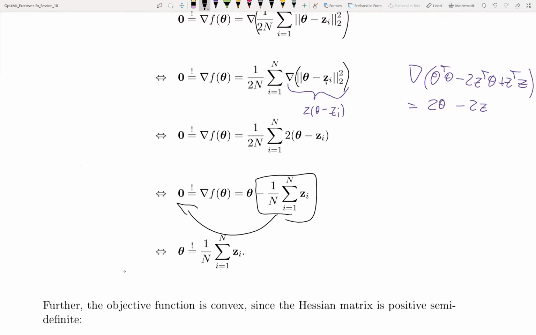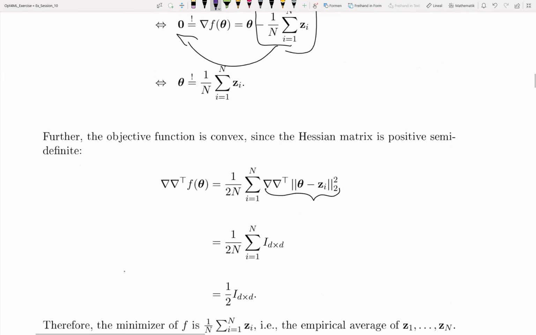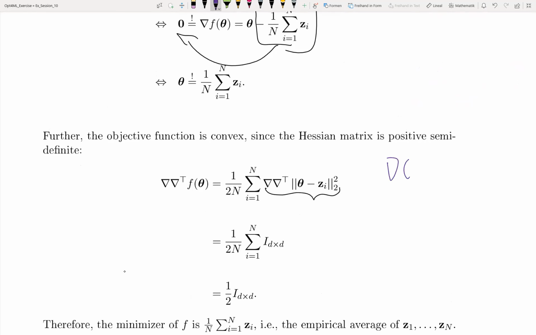Well, here we computed the gradient already, 2 times theta minus z1. So we know from above the gradient of this is 2 times theta minus z1. And now again, doing another derivative round, let's put it like this.